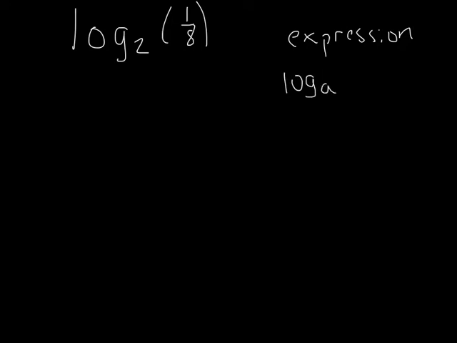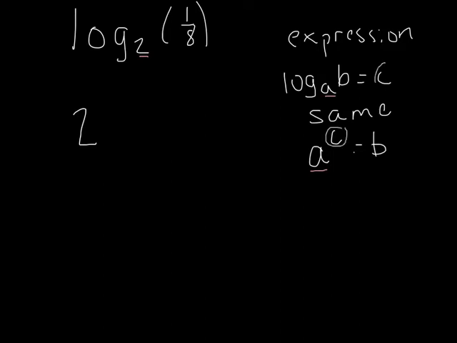So log base A of B equals C is really the same thing as A raised to the C equals B. So using this, the base here is 2, and then we want to raise that to the power C, but that's what we're trying to find.